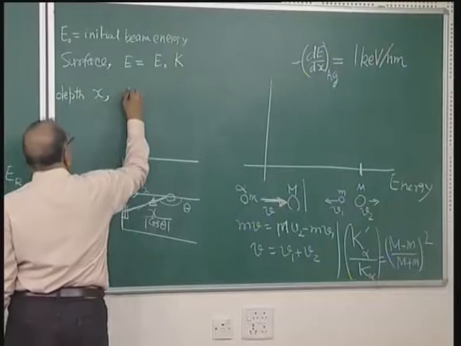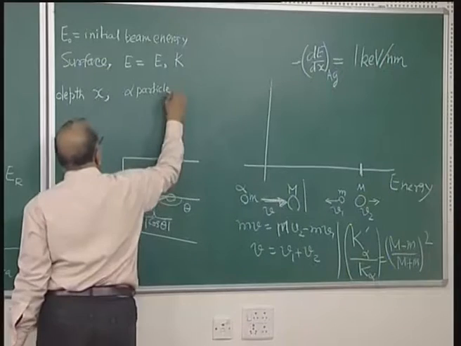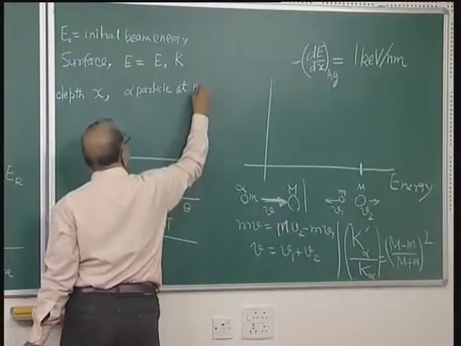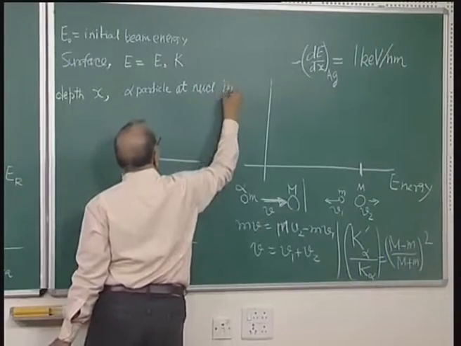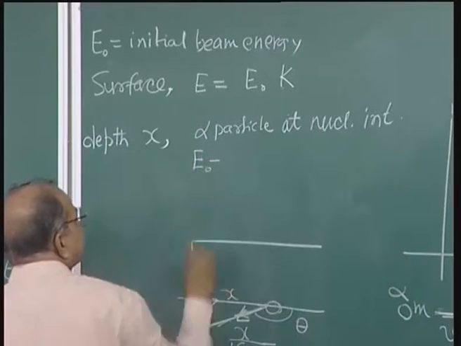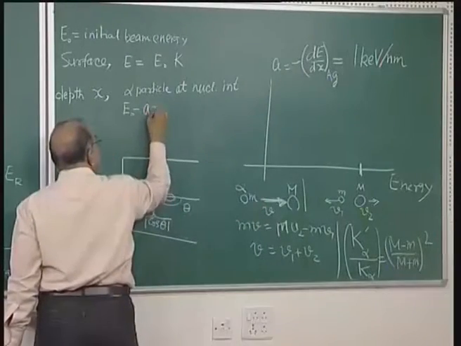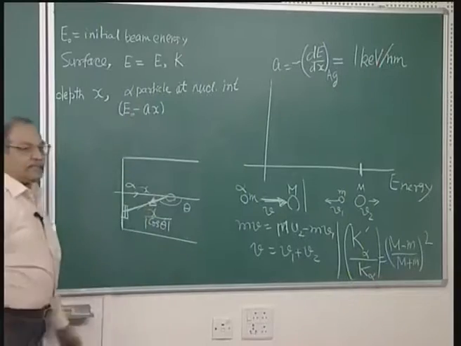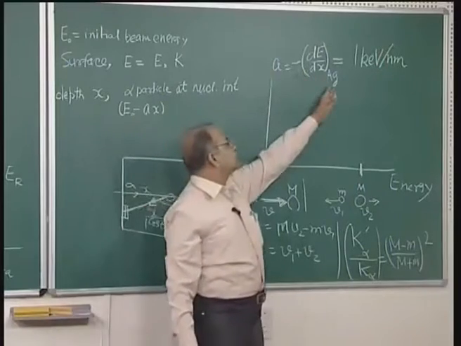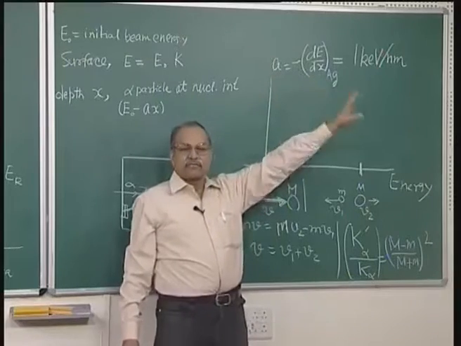first thing is the alpha particle interacting at the time of this nuclear interaction, that is E naught minus this quantity, let us call it A. So, A into x, it has lost this much energy. Per unit length it is losing this energy, so whatever kilo electron volt per nanometer or so.